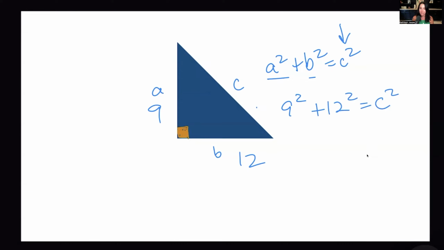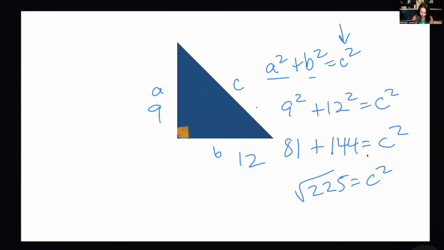We don't know what c is, right? So we would do 81 plus 144 equals c squared. 81 plus 144 is 225 equals c squared. Well, if I want to find out c, I would square root both sides and I would get 15 equals c. So c would be 15, right?